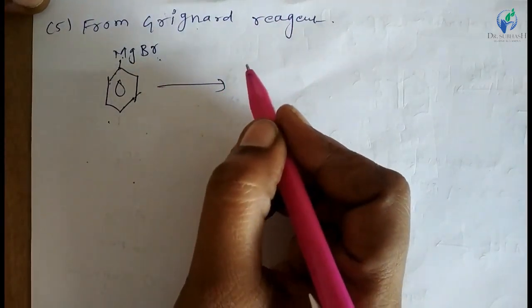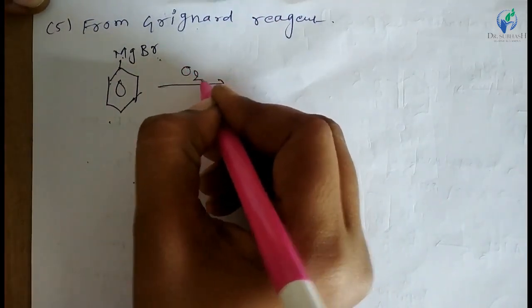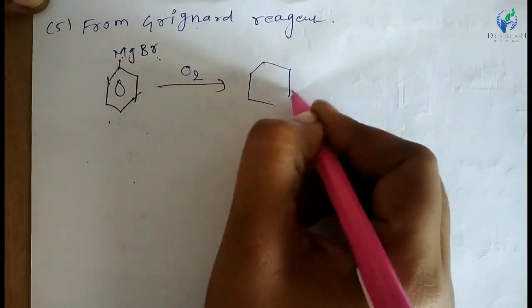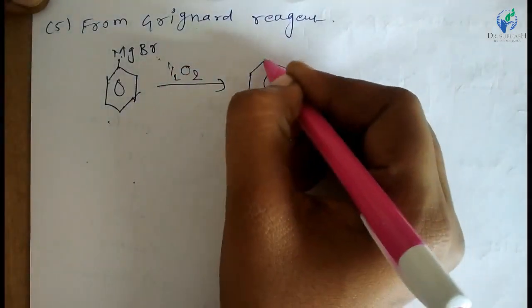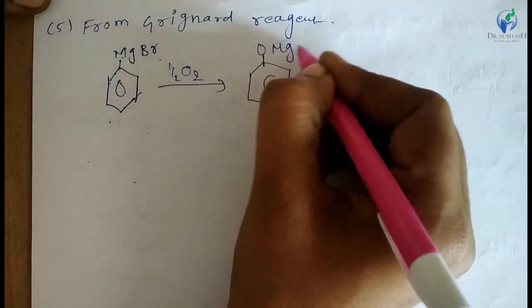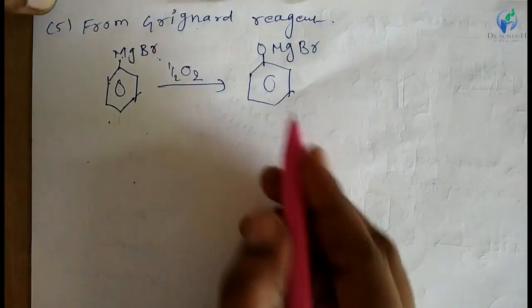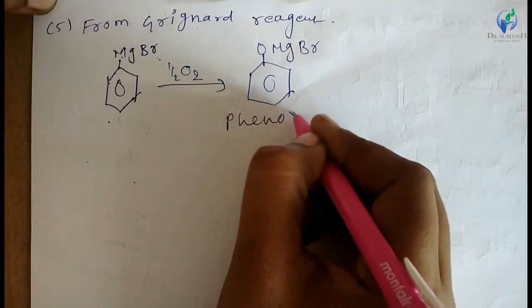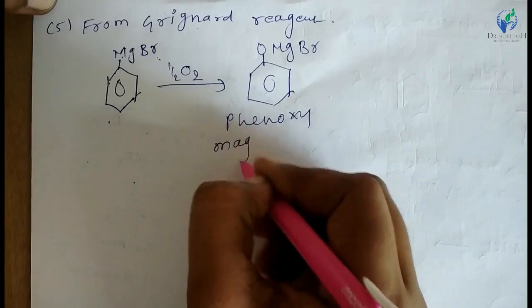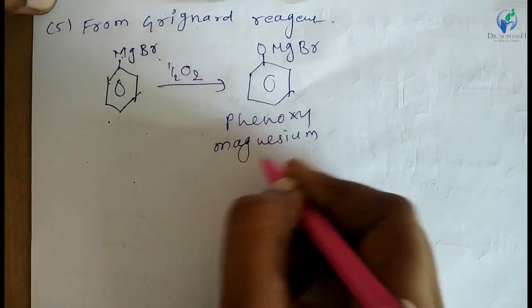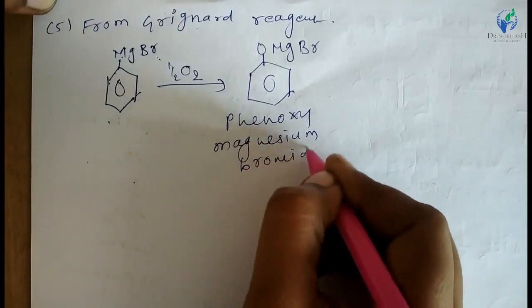When the Grignard reagent is treated with oxygen, it is converted into phenyl oxy magnesium bromide, right, or you can say phenoxy magnesium bromide, right.